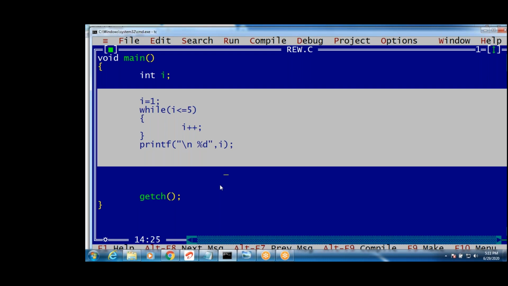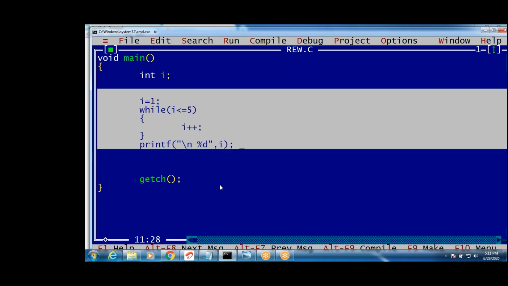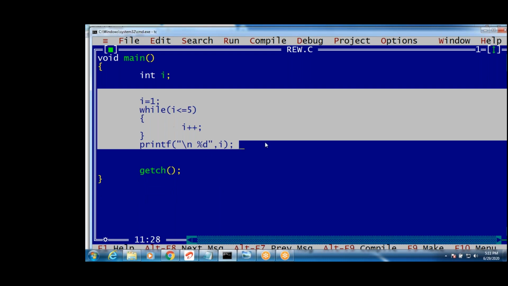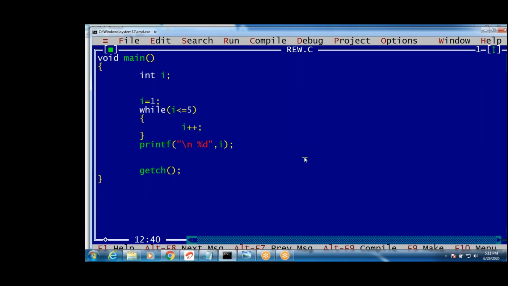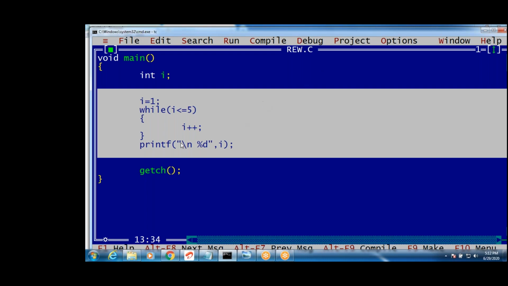What is the output? Completed, huh? First complete. Very good.